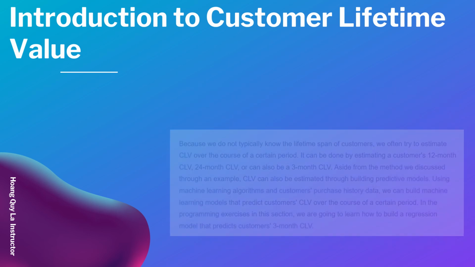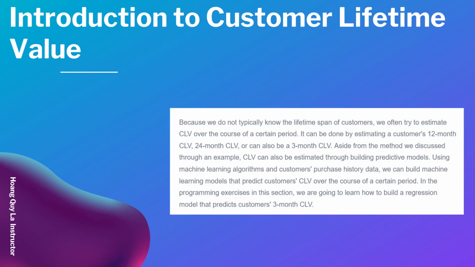Because we do not typically know the lifespan of a customer, we often try to estimate CLV over the course of a certain period. It can be done by estimating a customer's 12-month CLV, 24-month CLV, or it can also be 3-month CLV.